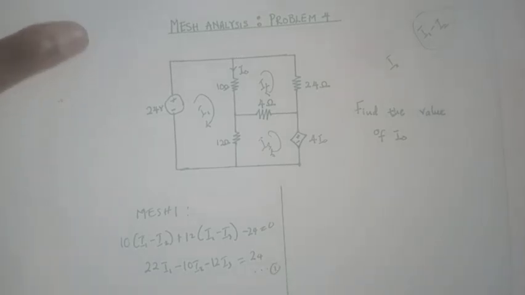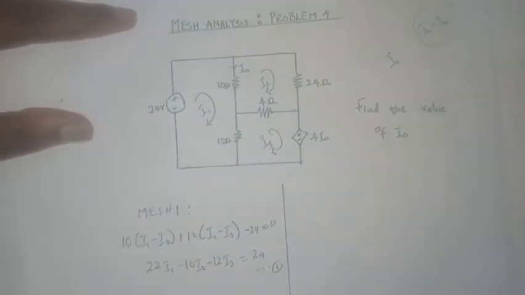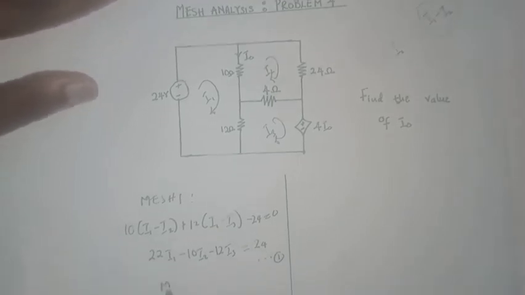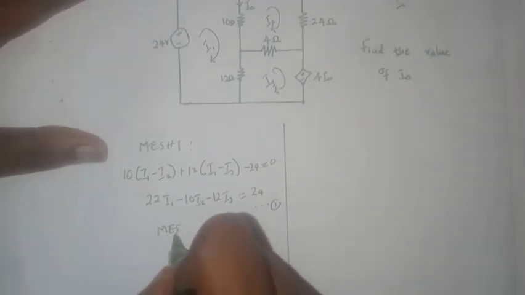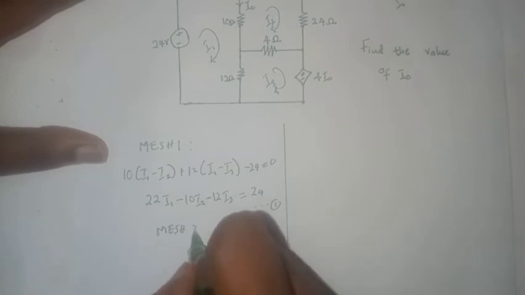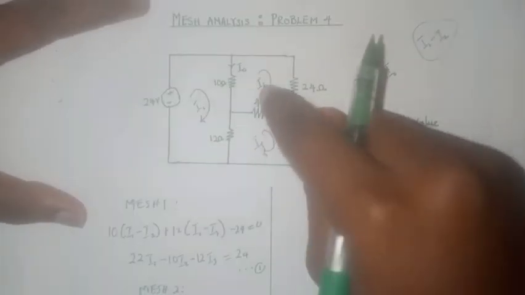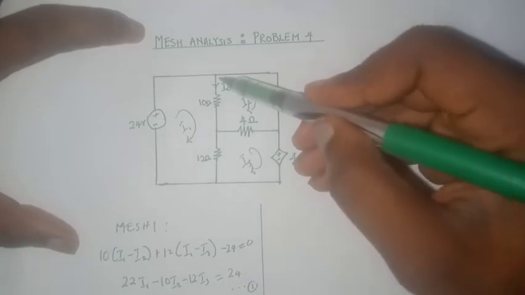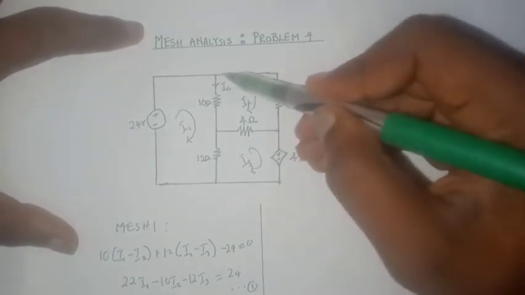We can then proceed to mesh 2 and write the KVL equation there. In mesh 2, I'm going to move in this direction now.